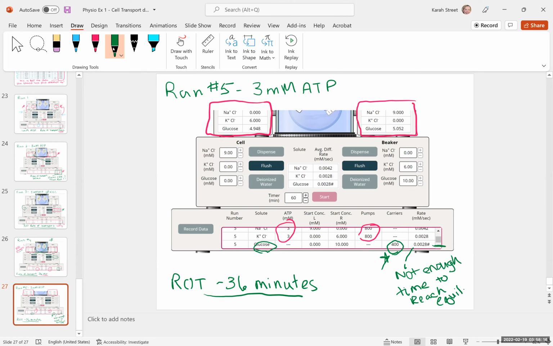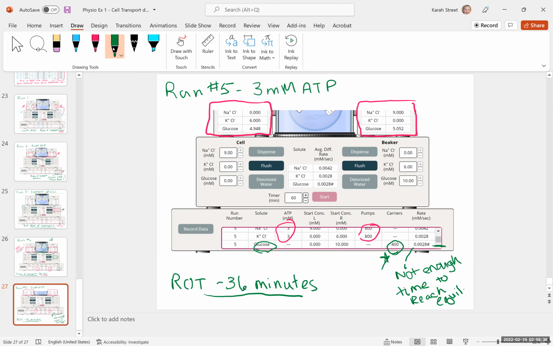Okay, take-home message for both facilitated diffusion and active transport. There is physical interaction of the solutes with those protein carriers or pumps. And it's the number of carriers or pumps that are the rate limiting factor.